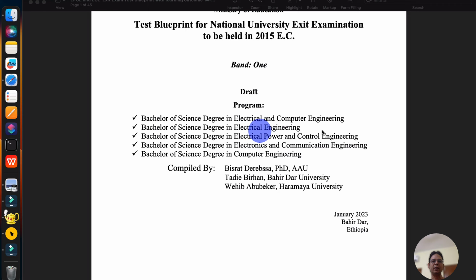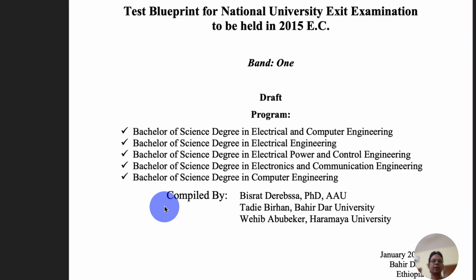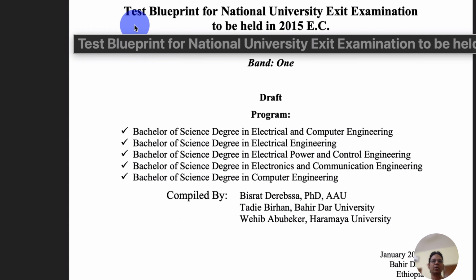So we see here, this is basically the 4 courses test blueprint. By this test blueprint, you can appear for these exams and know about the exam: what type of questions it will cover, what type of hints we can get for passing the exam.